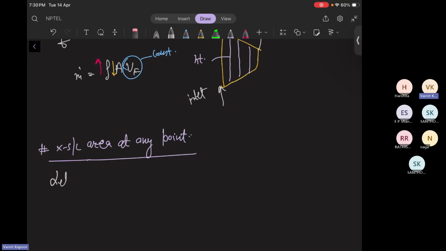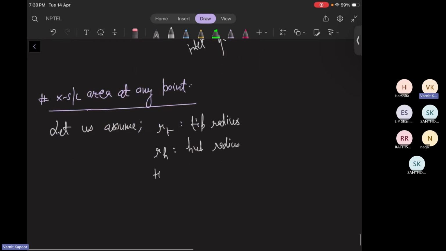Let us assume RT is your tip radius, RH is your hub radius, H is the height of the blade, and dm is your mean diameter.